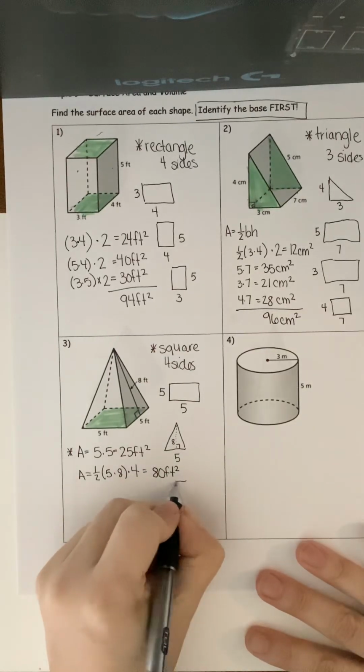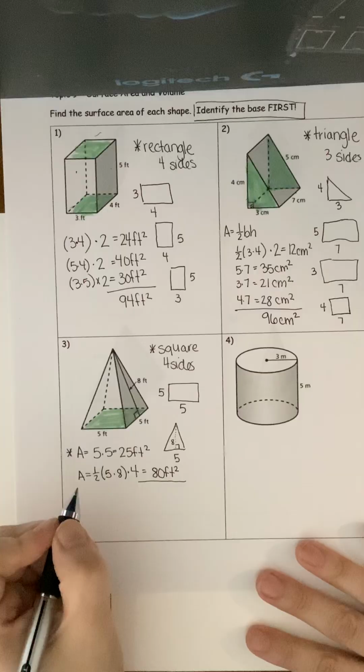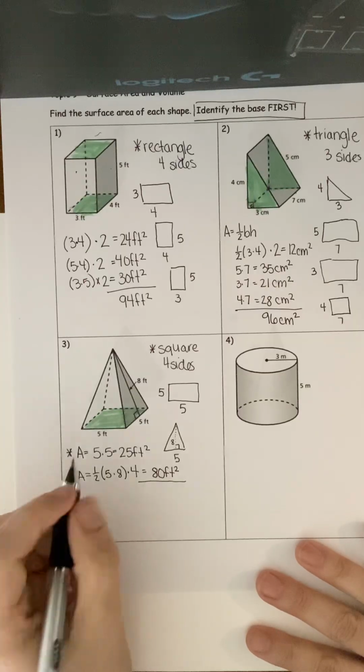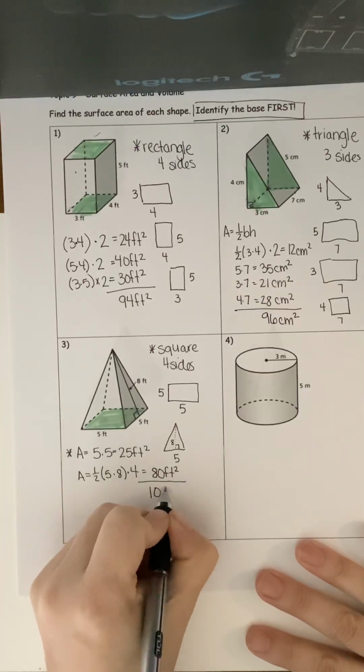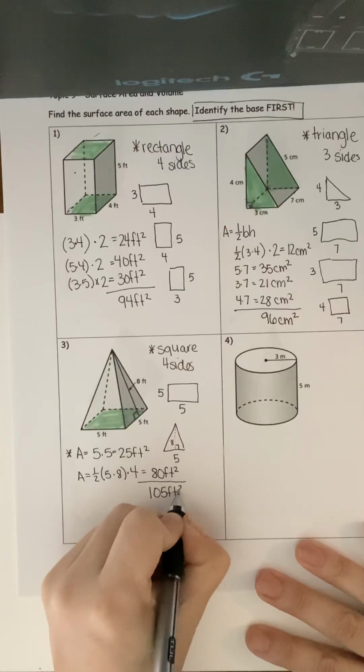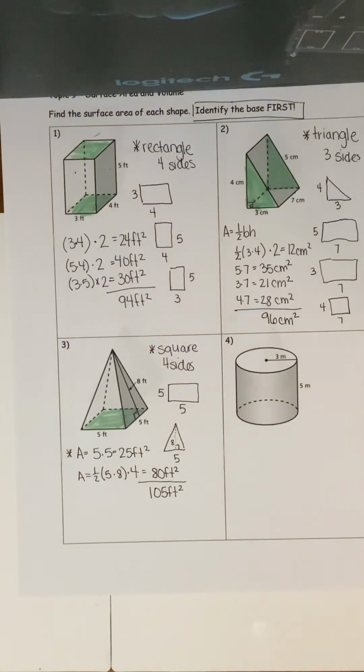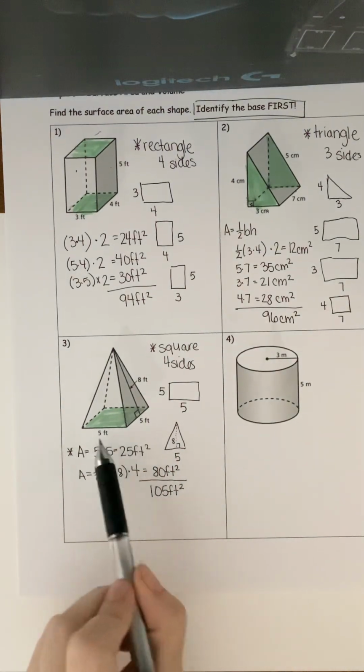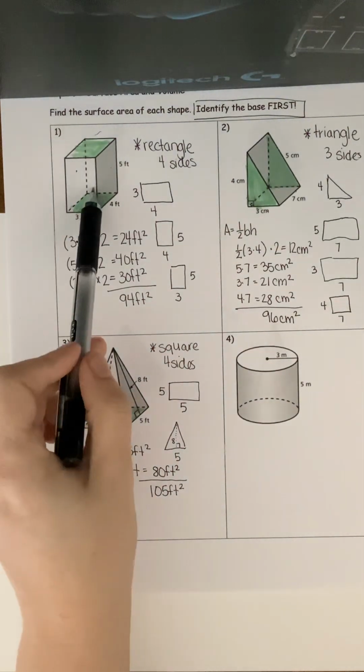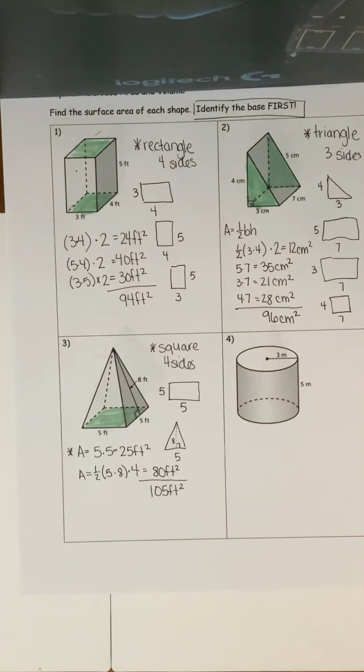We're going to add 25 and 80 together. We're going to get 105 feet squared. All right, so there is our square pyramid, because it's got 5 and 5. A square pyramid, a rectangular prism, and our triangular prism.